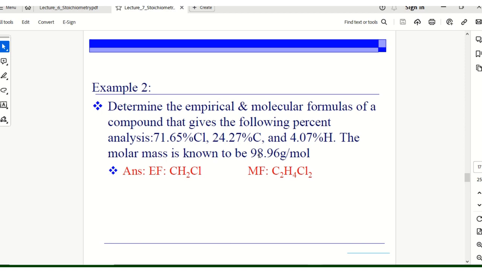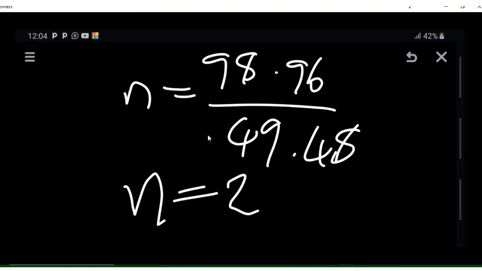This is what we are given, and this one is what we have calculated, the empirical formula mass, and this is the molar mass. When we divide these, we find a 2.